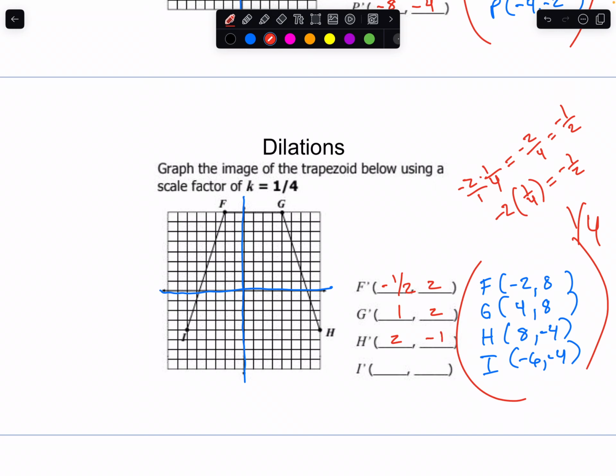We have a negative 1. Negative 6 times 1/4, let's try that over here, gives me negative 6/4, which comes down to negative 3/2, or negative 1.5.